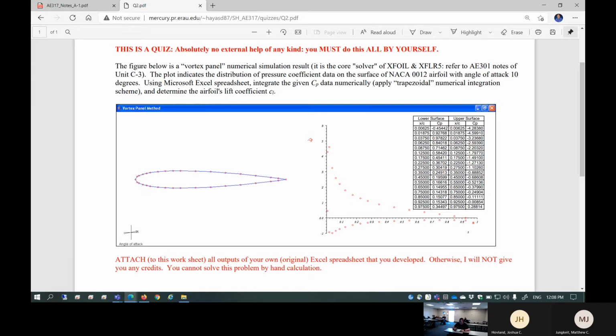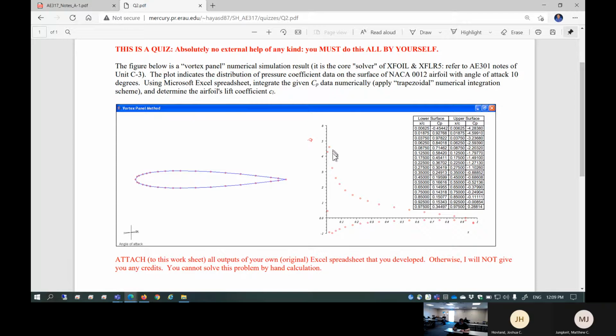One of the main things of a vortex panel method is that for each panel you compute the pressure coefficient. You end up with the pressure coefficient, CP, distribution over the top and bottom surface, plotted against the chord, where x over c equal to 0 is the leading edge and x over c equal to 1 is the trailing edge. Of course, x over c is the normalized chord.